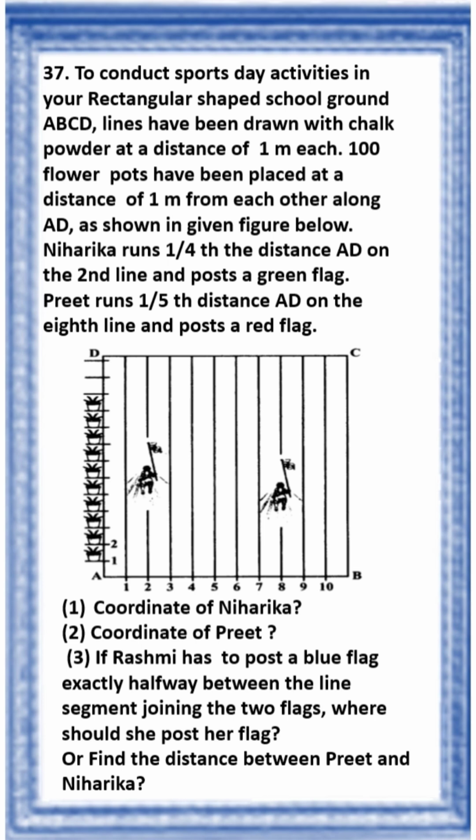Preet runs 1/5 of the distance AD on 8th line and posts a red flag. Then find the coordinates of Niharika, coordinates of Preet. Second question, if Rashmi has to post a blue flag exactly halfway between the line segment joining the two flags, where should she post her flag? Or find the distance between Preet and Niharika.